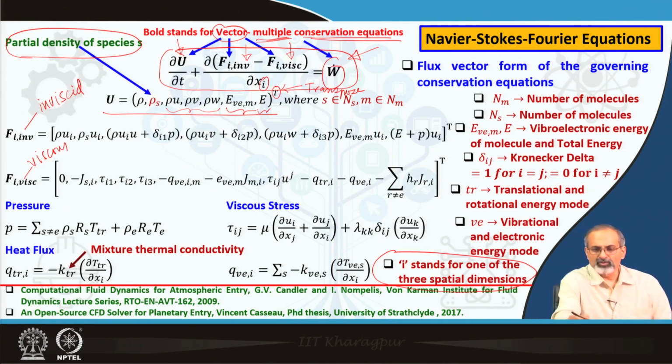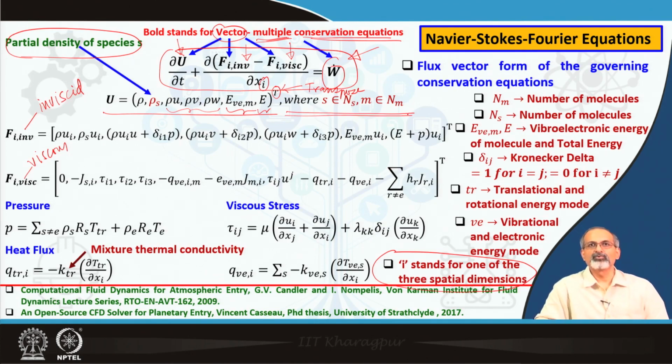So, when it comes to defining s, s belongs to N_S, which is the number of species. So, this is a small mistake here. Please correct it to species, and N_M is the number of molecules that we are talking about.